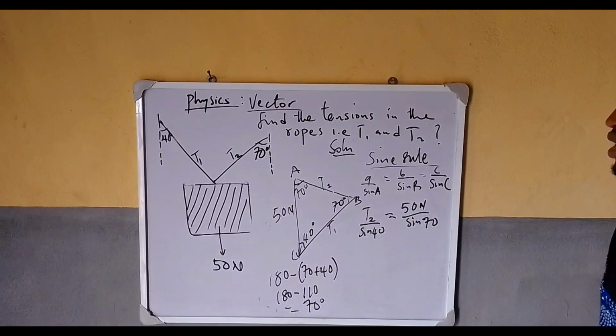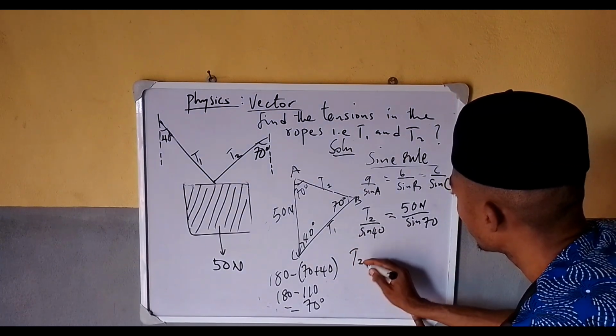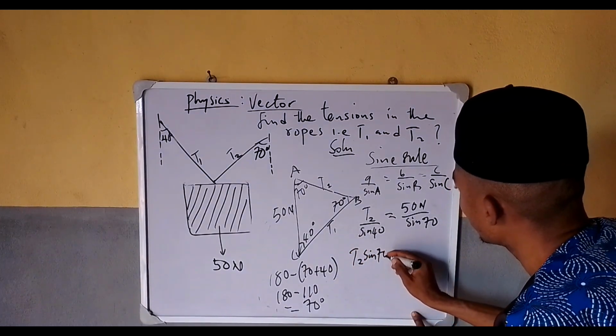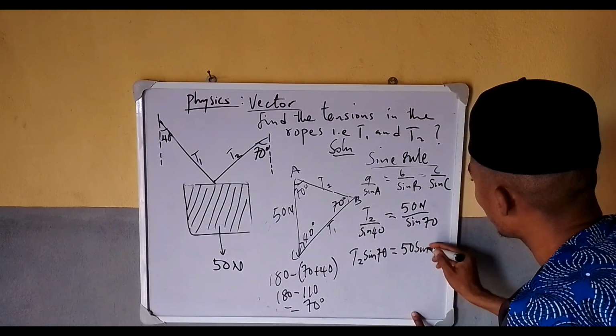If I make T2 the subject, we have that T2 sine 70 is equal to 50 sine 40.